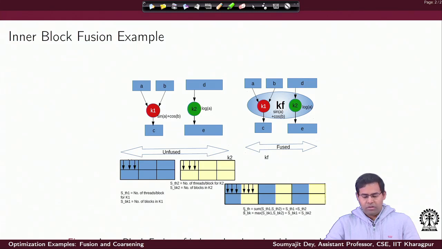So, we will follow the method we discussed earlier. We will increase the block sizes now by making it a sum of the original block sizes, and the number of blocks will simply be the maximum of the original 2.